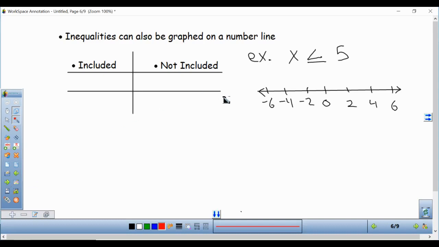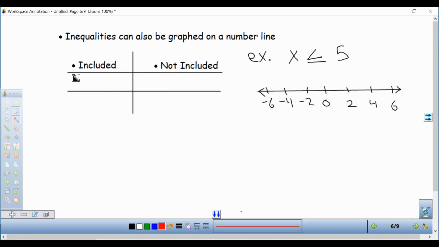Okay, so now that we've discovered what inequalities are and how to see if they're true or false and what the signs mean, we can also graph number lines. Graphing them gets a little bit more detailed, but it's not too hard. So we have 4 different signs, and each one can be graphed a different way.